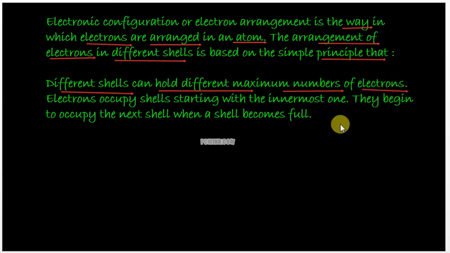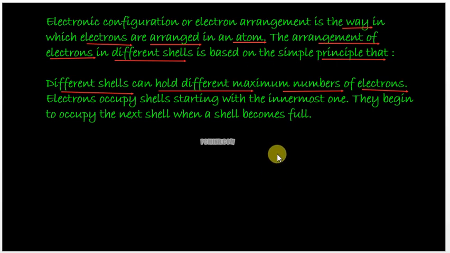It means that you cannot put any number of electrons into any shell, because an atom has a nucleus in the center and the electrons revolve in specific orbits, and it's not just that any number is sitting in any orbit.